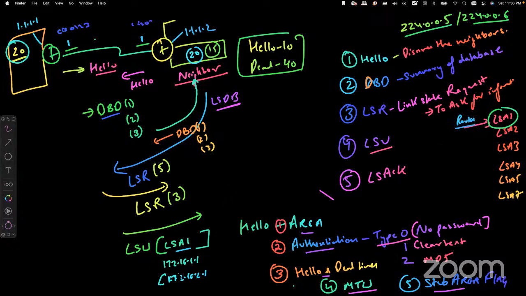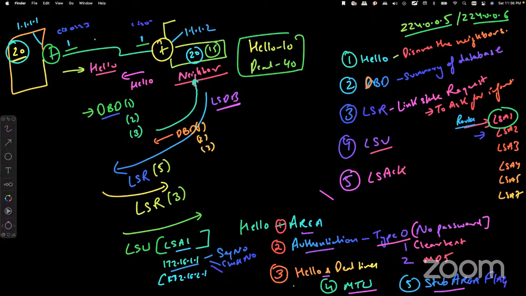When LSU goes, it carries a lot of information. In every LSA, for every network, we will have a sequence number and a checksum number. We will understand the LSA in more detail later.